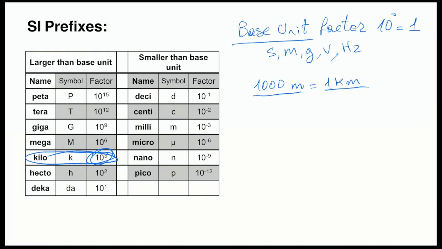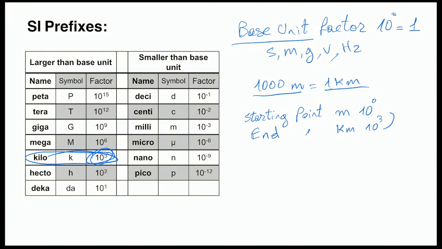However, how do we go from 1,000 meters to 1 kilometer? So what we're going to do is say, okay, we have a starting point. The starting point is the base unit, meters, which has a factor of 10 to the power of 0. Then we have an end point, which is kilometers, which is kilo, has a factor of 10 to the power of 3.